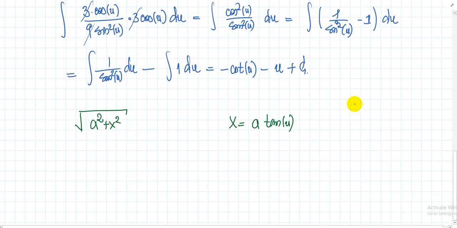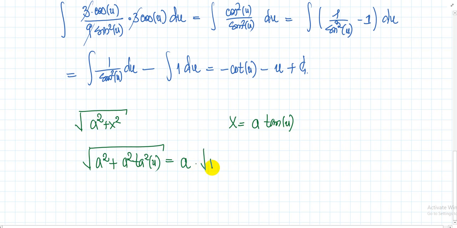Now, if you substitute this, you will have a square plus a square tangent square of u, right? So a square can be taken out from the integration. So this is a multiplied by the square root of 1 plus tangent square of u, which is equal to a multiplied by 1 over cosine of u, right?